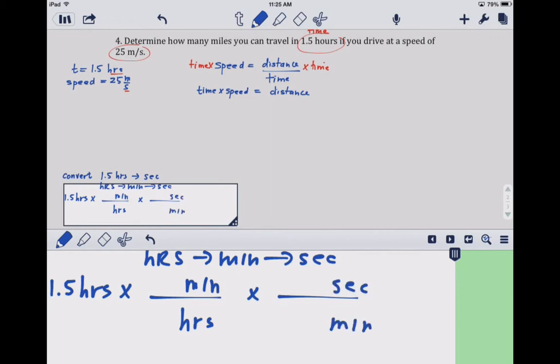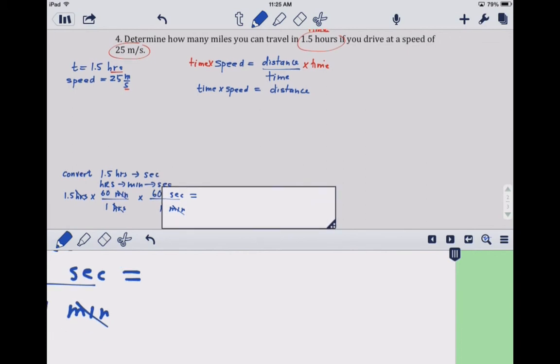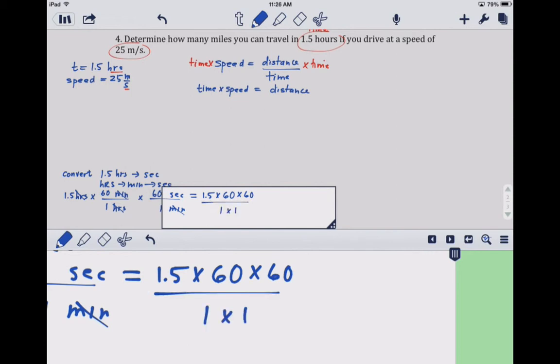Notice again, I keep putting the units on opposite sides of the fraction so that they cancel out, and then I put in the numbers. 1 hour is 60 minutes, 1 minute is 60 seconds. And so I'm going to multiply across 1.5 times 60 times 60 all over 1 times 1.